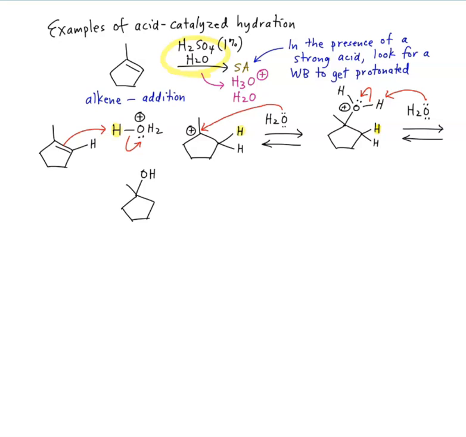Okay, now as another aside, let's talk about this intermediate briefly. This is nothing more and nothing less than ROH2 plus, which from the acid-base section, we recognize as being a strong acid. So this is a protonated alcohol, which is a strong acid.